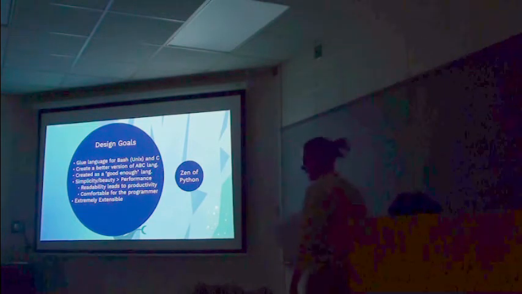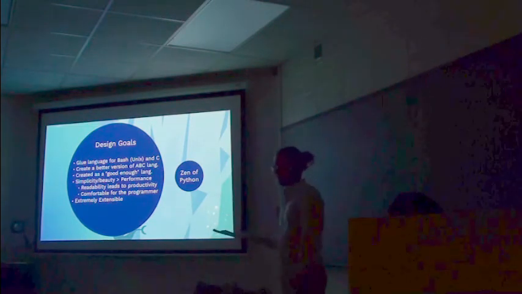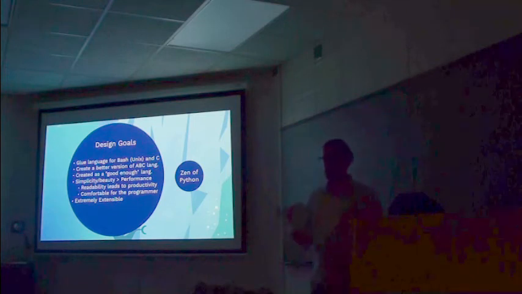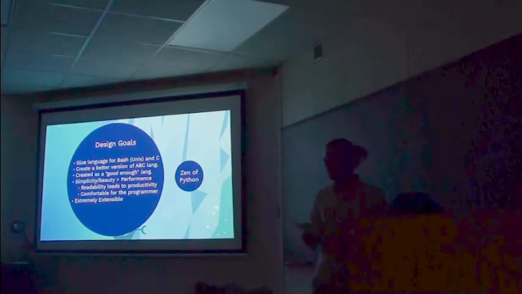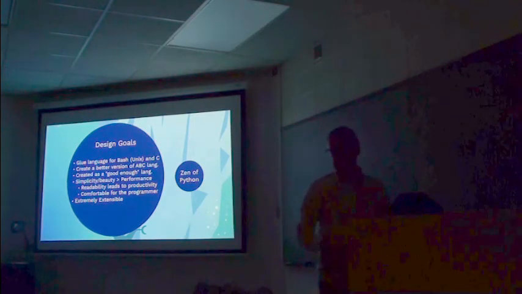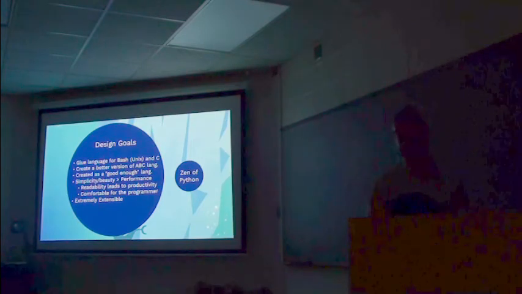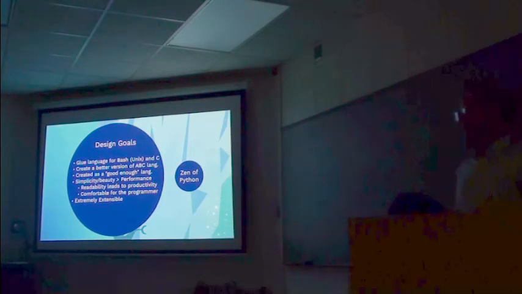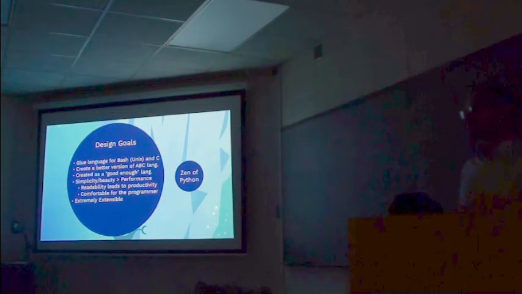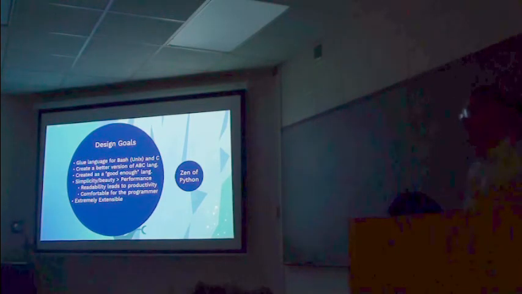That was one of the key downfalls of ABC. It had what we call a monolithic programming language structure, which is essentially saying that it's very hard to write an extended library.